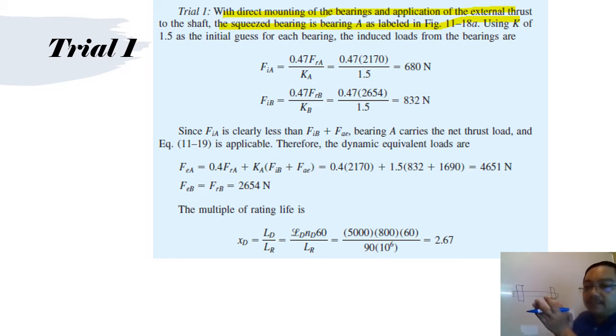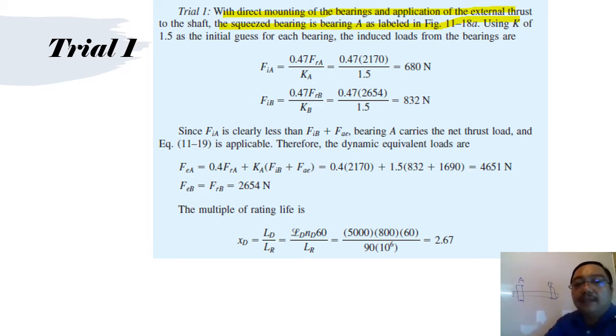Normally and naturally it will accept more thrust load at point A than at point B. You can refer to the previous video about the squeeze bearing, where I tried my best to explain the meaning.